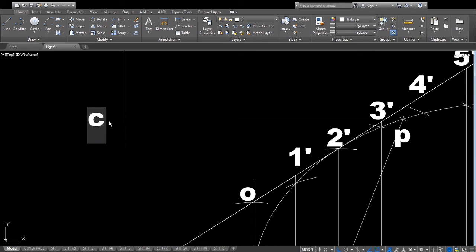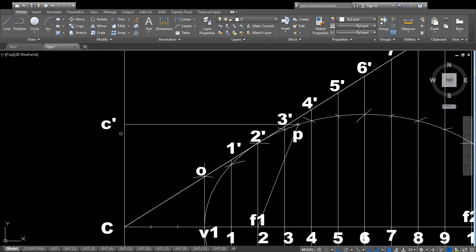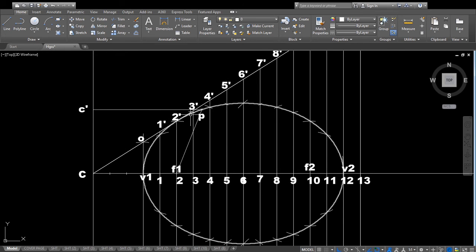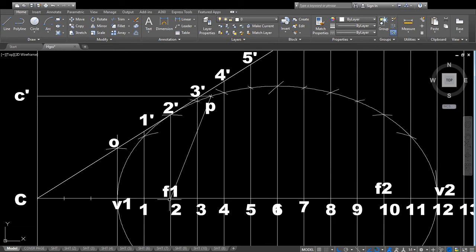Now, eccentricity said PF all over PC'. Now let's take the measurement and see.